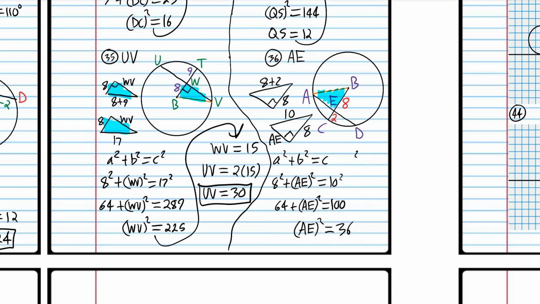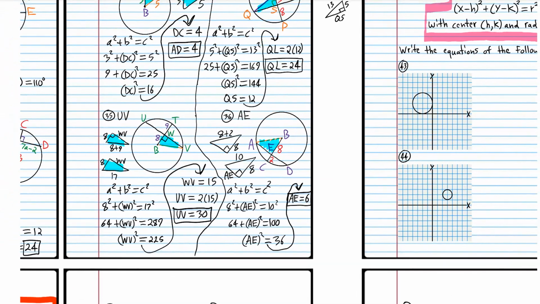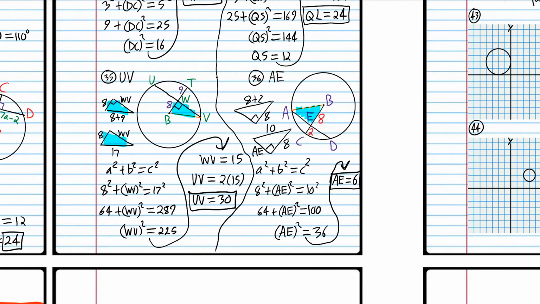You have to go left to right. And we go up here. Looks like we missed a power there. And square root both sides, and AE is equal to 6. And that's it. Sorry, it was kind of scrunched in there. So if you got that answer, good job.